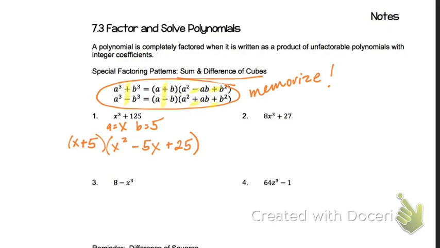Number 2, going to take the cube root of 8x cubed, so that would be 2x, and the cube root of 27 is 3.